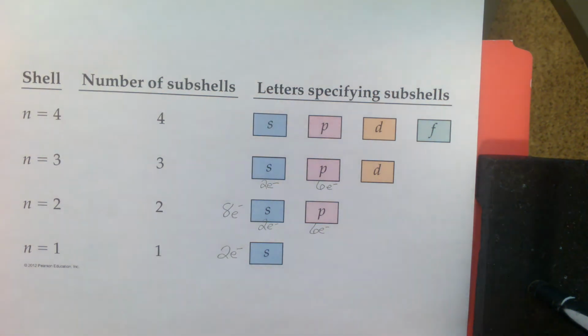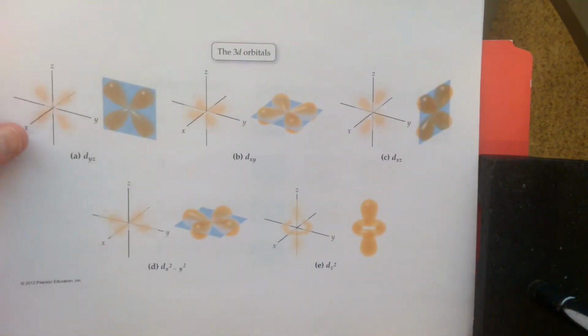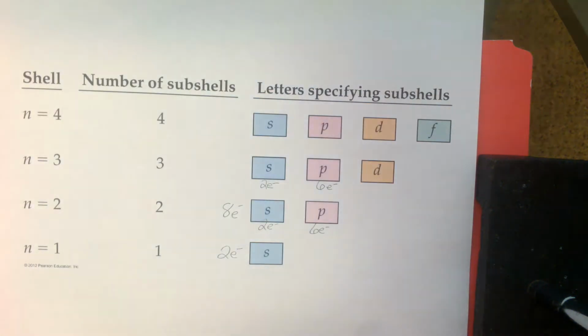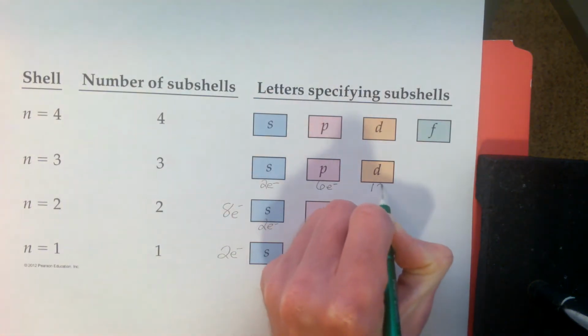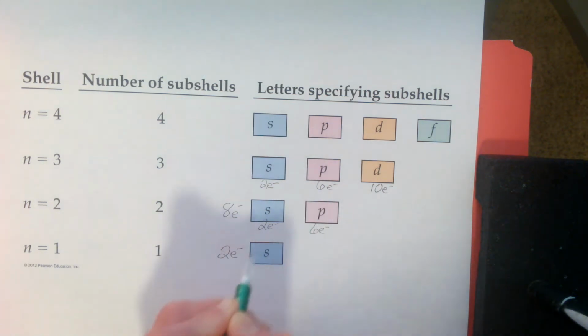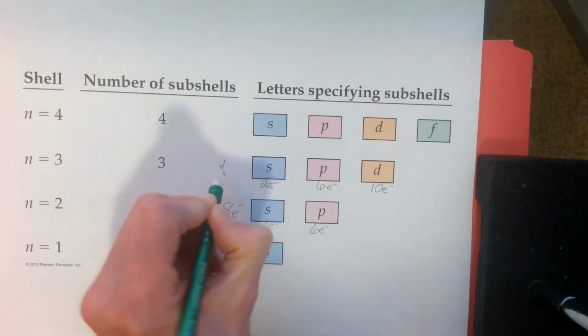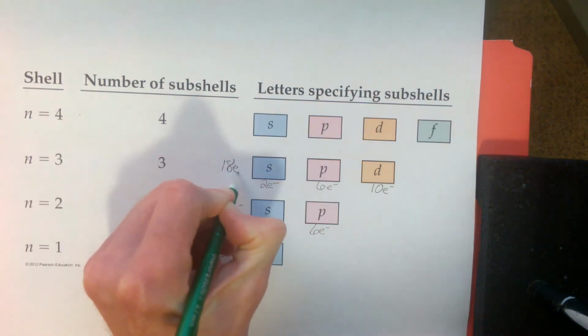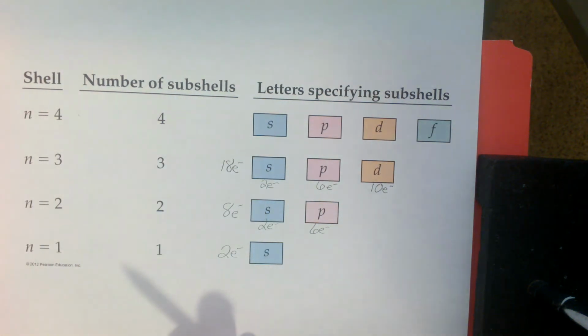And then for the D orbitals, let's remember that there were 5 orientations, so that would give us a maximum of 10. So we have a total of 18 electrons found on the third energy level.